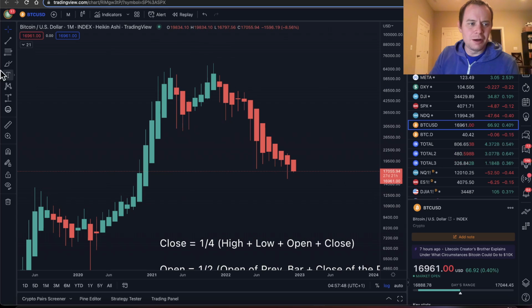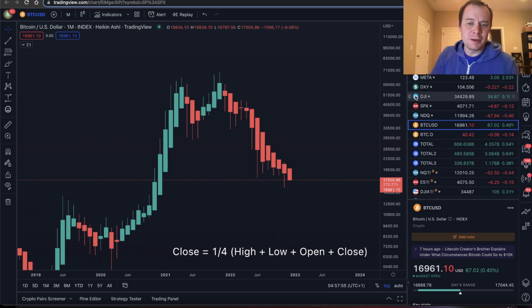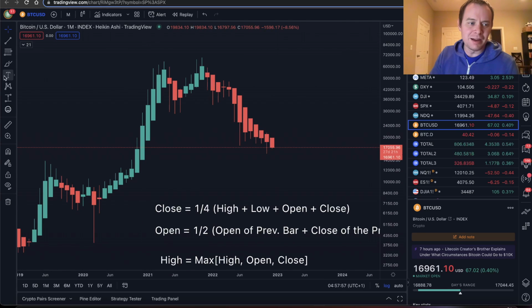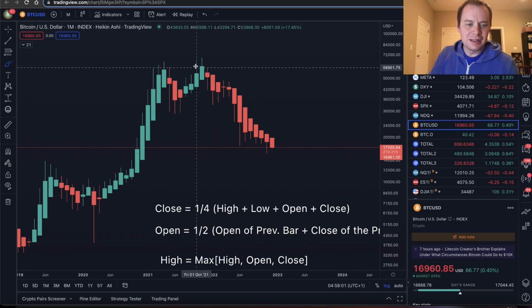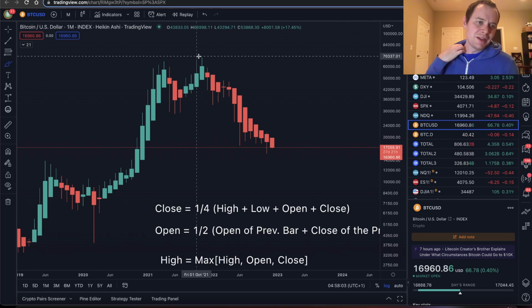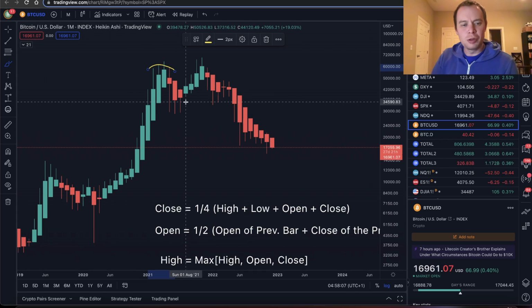And then this cycle sort of played all sorts of games with us, right? We had the flip. And by the way, from a technical perspective, most indicators flipped bearish here. Most technical indicators flipped bearish there. But we did manage to go up one last time. It's interesting because there were a lot of people that were bearish right here, including myself.